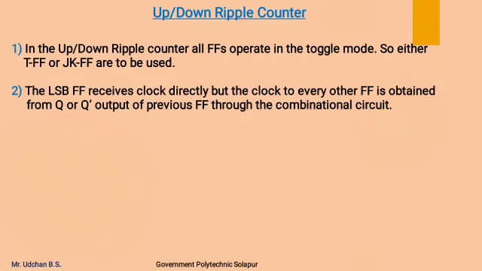As we know, in an asynchronous up counter, the Q output of the previous flip-flop is connected as clock input to the next flip-flop, whereas in an asynchronous down counter, the complemented Q output of the previous flip-flop is connected as clock input to the next flip-flop.